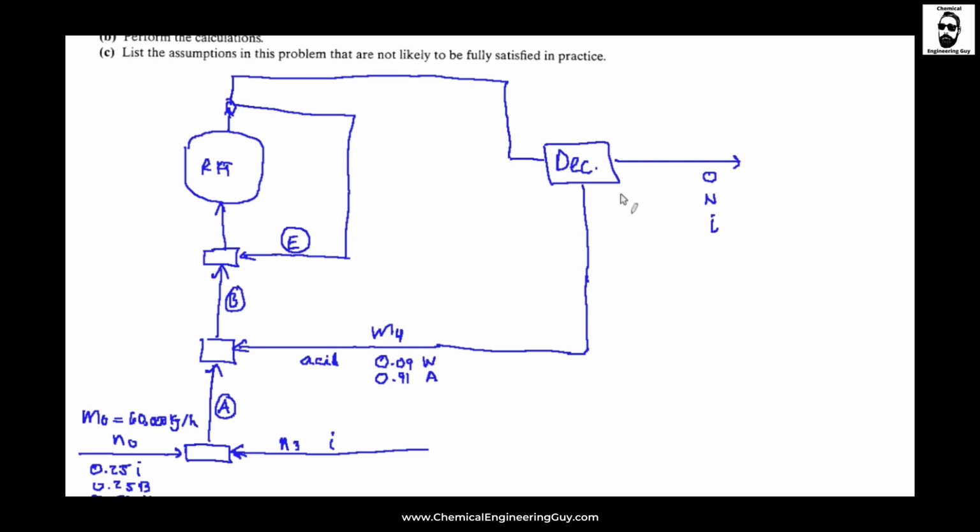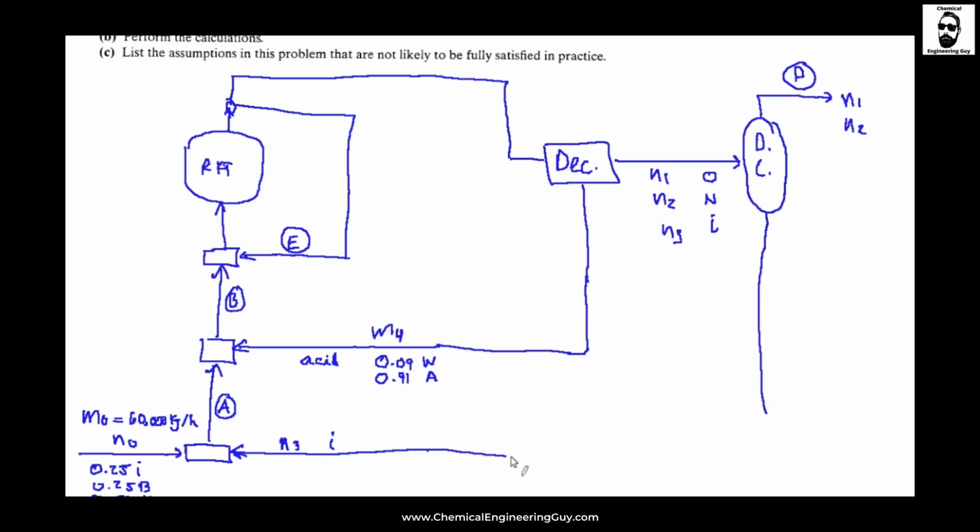Let's call these N1, N2, and N3. They go here into the distillation column. And you get your product, which I'll call P, which is essentially N1 and N2 free of N3, which is isobutane. So let me go and recycle that isobutane.